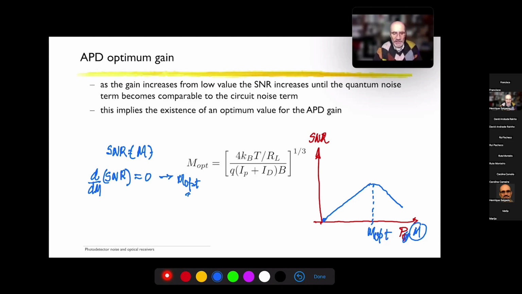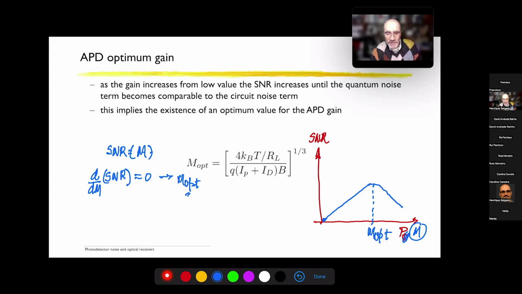So we are actually going to do these calculations in one of the practical classes, but just to let you know, the expression that we get for the optimum gain of the APD is this one here, which is obtained by taking, as I said, the derivative of the signal-to-noise ratio over the gain of the APD and equating it to 0.